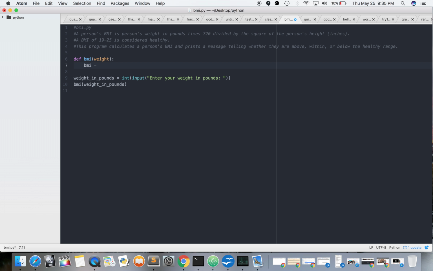The function name is different than the variable name. I think you could, but it's kind of confusing though. So let's just call this get BMI.